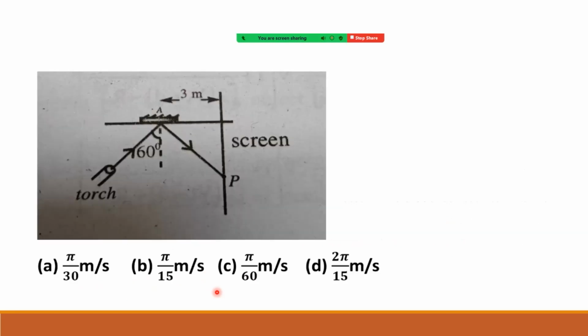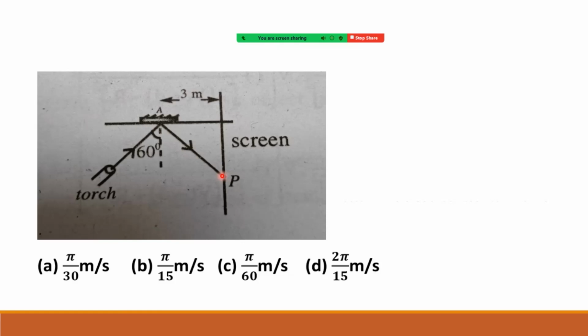See the diagram for this one. This is now the torch, which is producing a straight light beam reflecting from the mirror and falling on the screen, right? So we have to find the velocity of this point when t equal to 15 seconds.